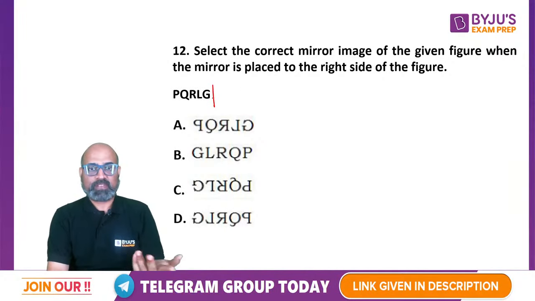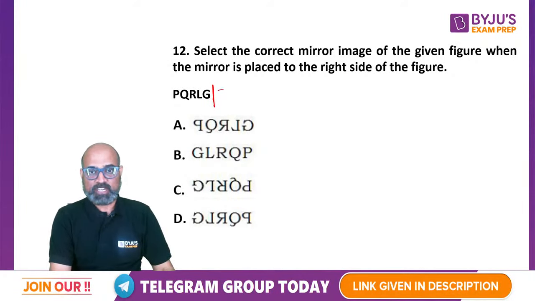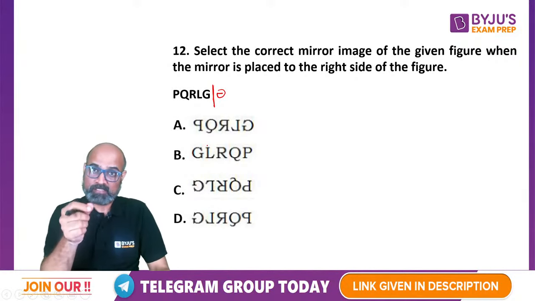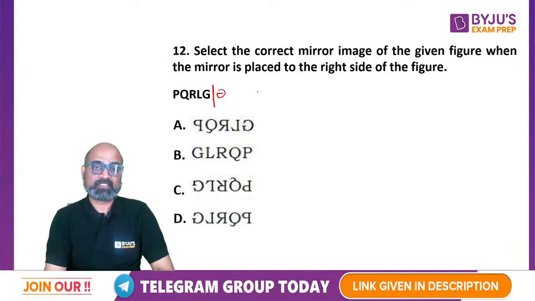So if I take this and draw the mirror image, if the mirror is placed to the right side of the figure, as in this is where the mirror is placed, then this G is going to look like this. Which option has the first symbol looking like that?